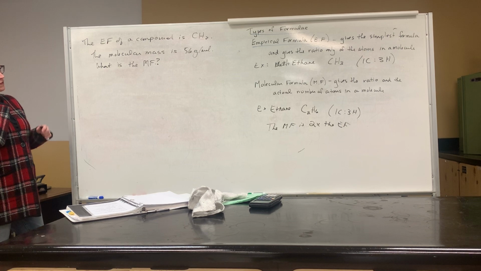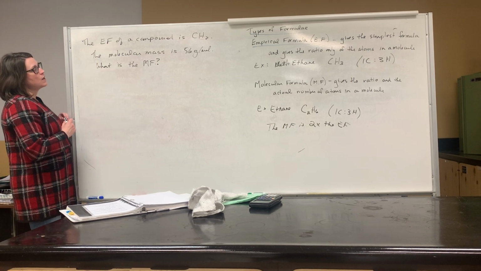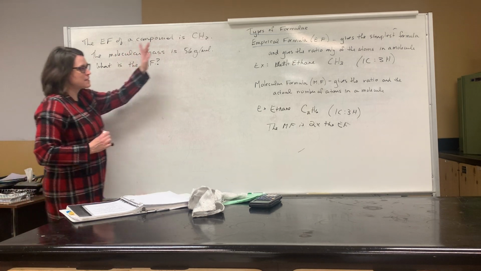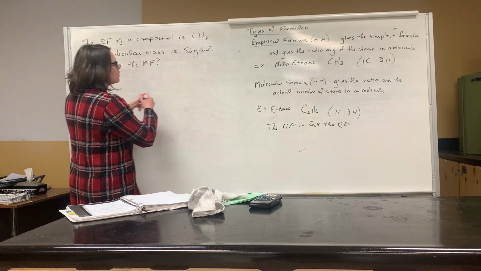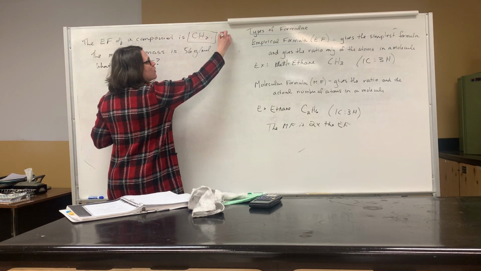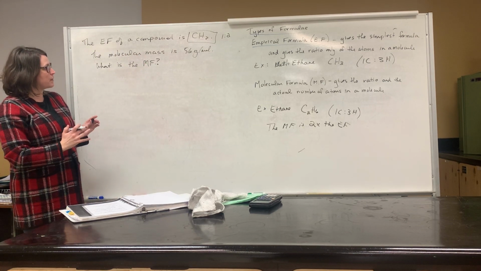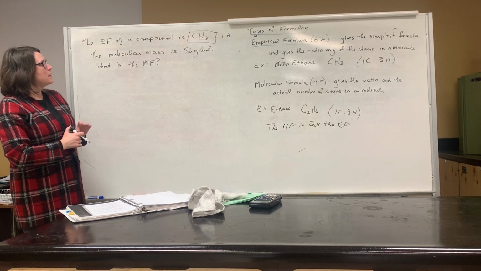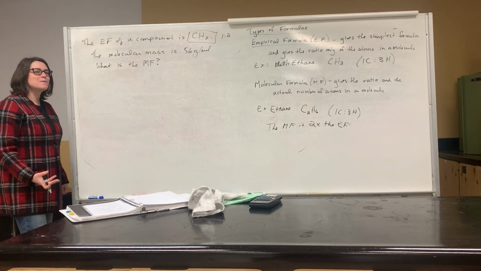Now, you're given different information here. So from the empirical formula, what you get from that is the ratio, okay? So the ratio only is what you get from here. So right away, you know that the ratio is 1 to 2. That's given to you from the empirical formula. Now, you're given the molecular mass. So I'm going to make you think, what is the molecular mass?